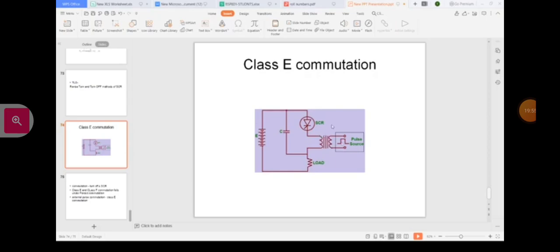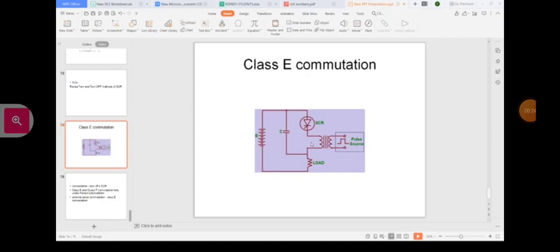Now look at this transformer. We know that a transformer has two windings. On the right hand side we consider the primary winding, and on the left hand side the secondary winding. At this secondary winding, voltage will appear.